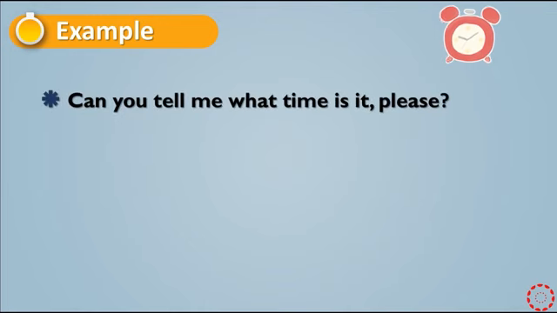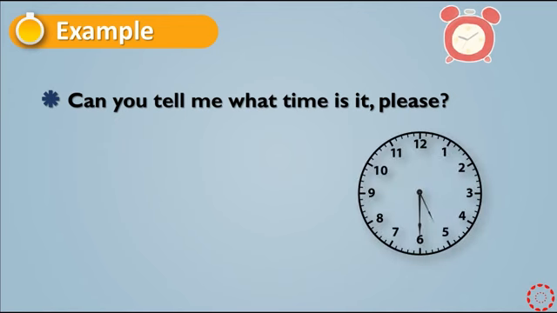Here we have another way to ask about time, which is, can you tell me what time it is, please? Again, there's the clock. The answer is, it's 5:30, because the long one is on the number 6.